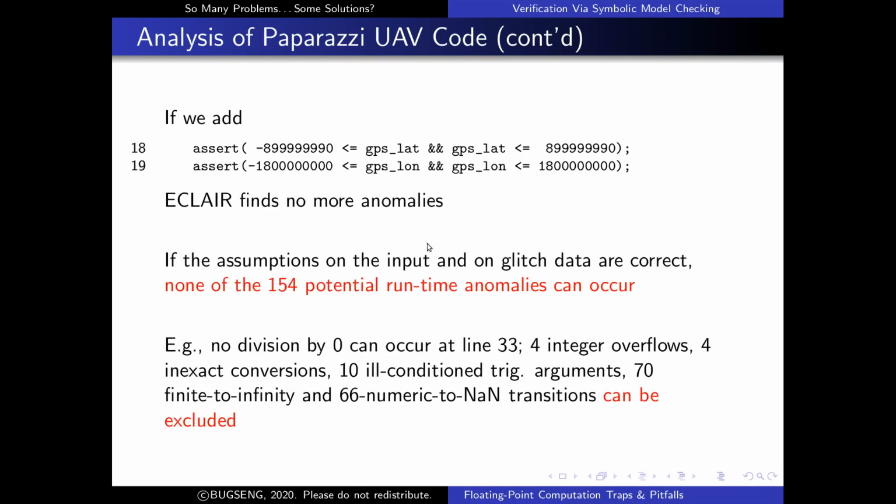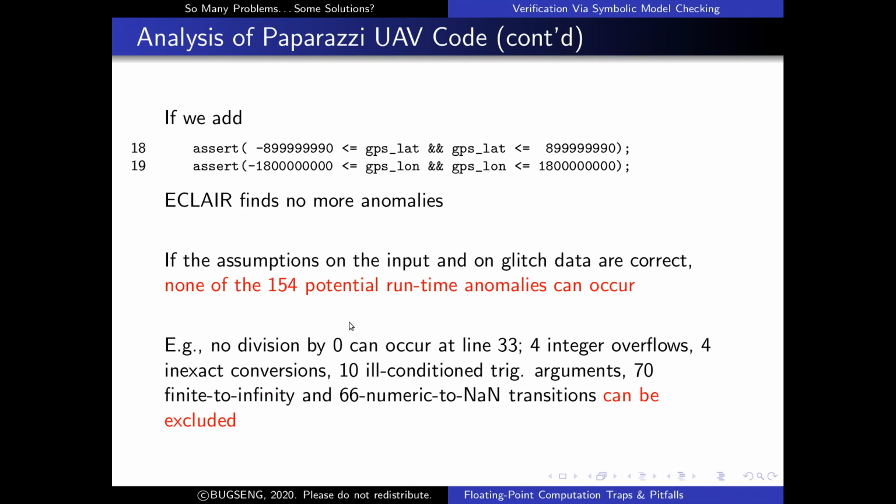If we now strengthen the assertion to ensure that you never fly over the poles, then ECLAIR finds no more anomalies and there are no timeouts. So it means that, if the model we have extracted from the library is correct, none of the 154 potential runtime anomalies in that piece of code can occur.